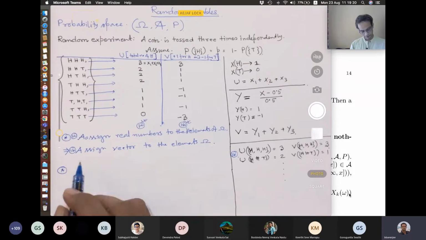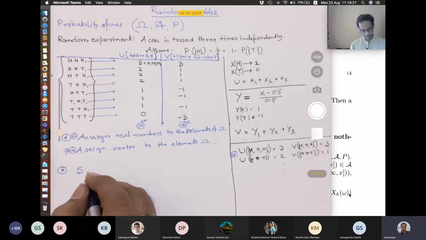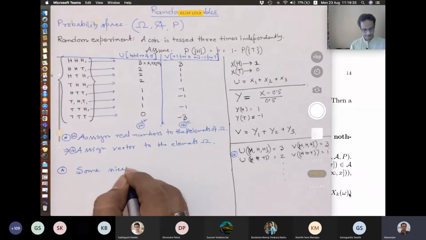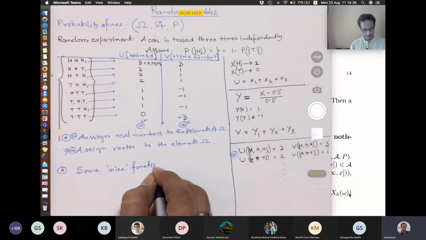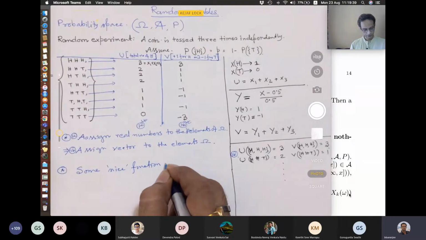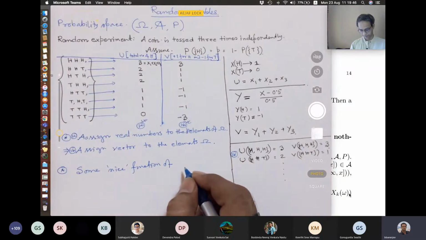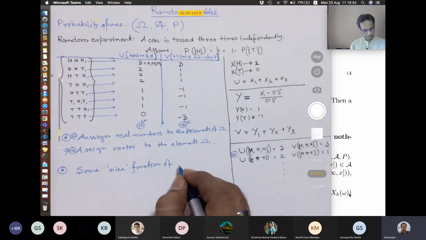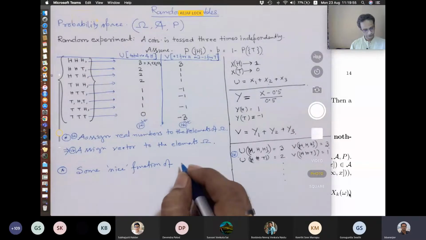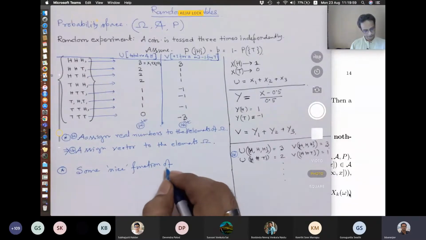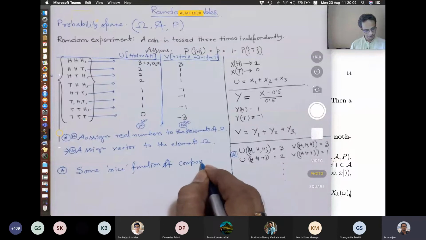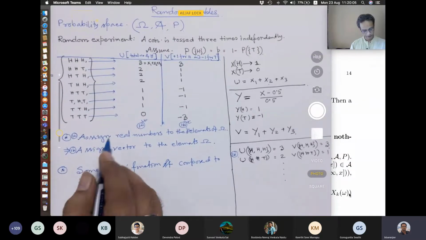Now, also you have seen that, well, I am writing in a lucid way, or maybe say not a formal way, some nice function of these outcomes, the functions composed with the initial function.